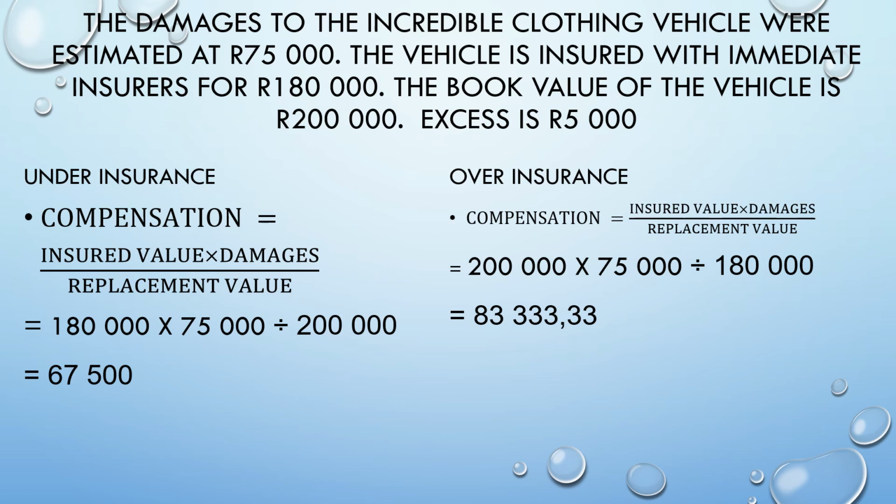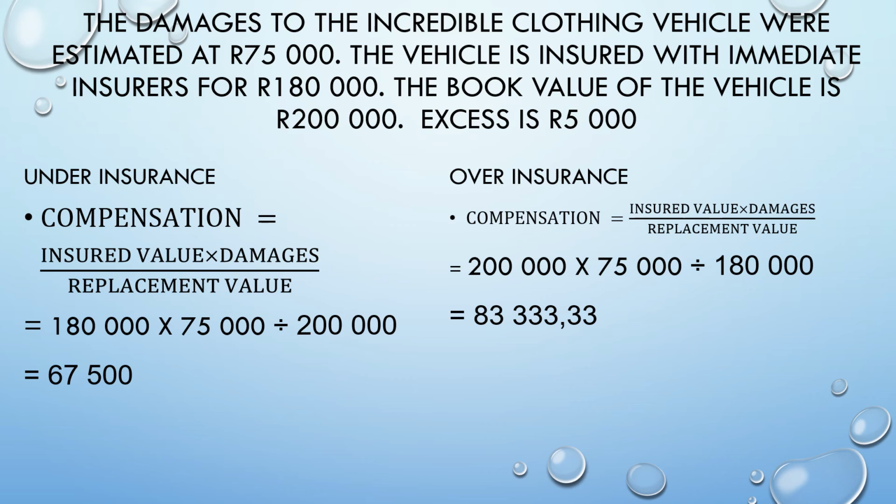But if you take the calculation, and I said we have one amount multiplied by damages and you have another amount that you divide by, and you've swapped the two around, you can't remember that the smaller one goes at the top. You are going to get 83,333 Rand 33 cents.